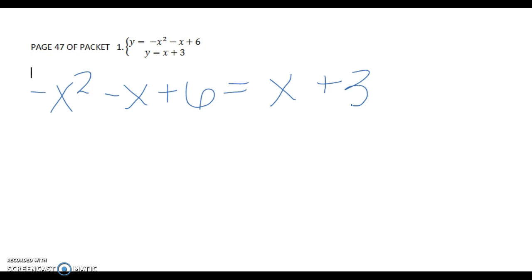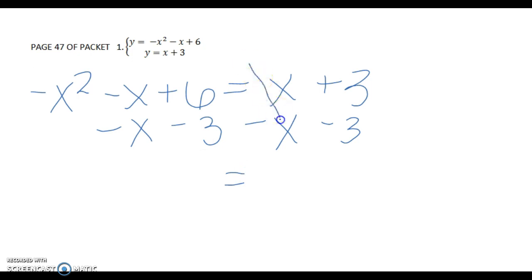It does not matter if you move everything over to the left or to the right. You can choose whichever one you think is easier. In this case, I'm going to move the x plus 3 over to the other side. So to move a positive x over, I'll have to subtract the x on both sides. To move a positive 3 over, I'll have to subtract the 3 on each side.